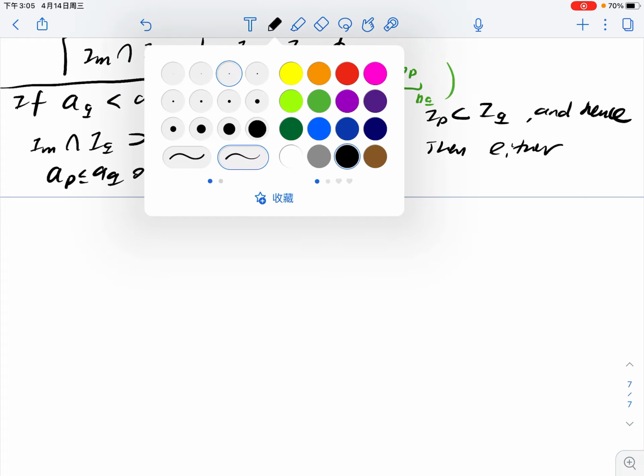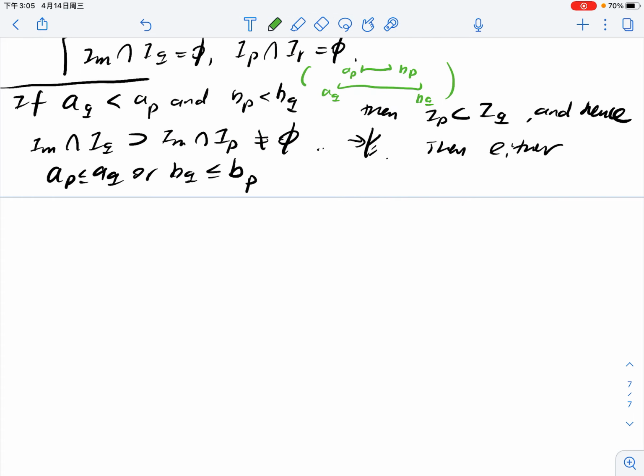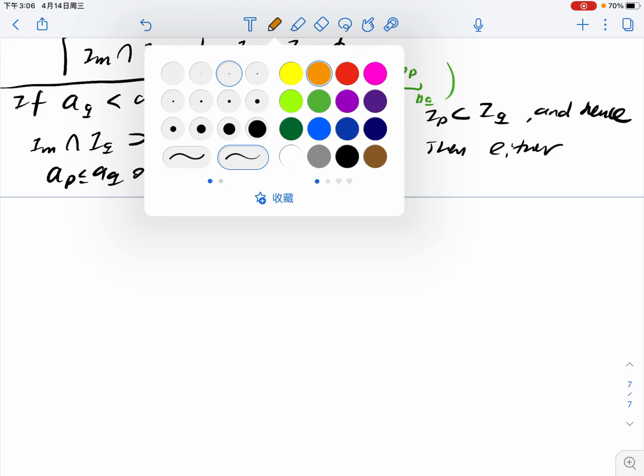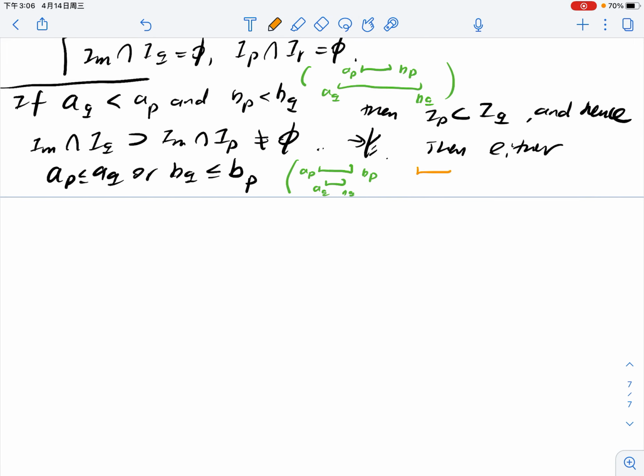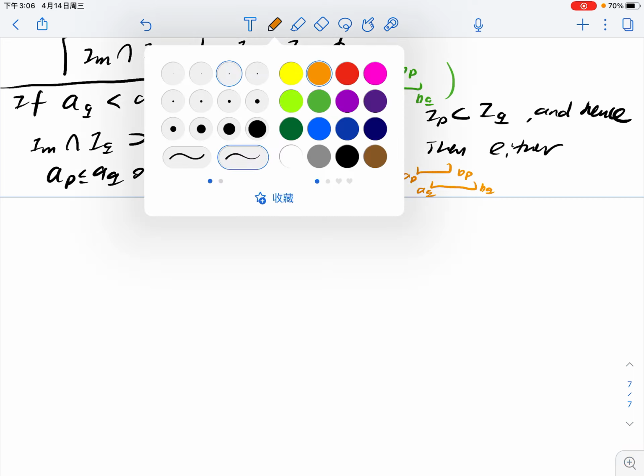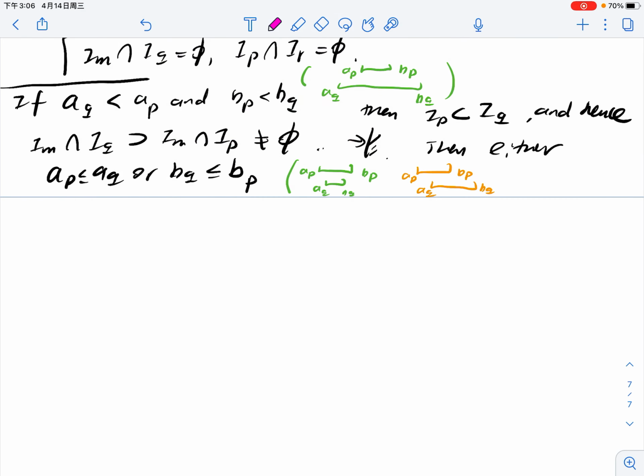And if we draw pictures, we might have the following three examples: AP, BP, AQ, BQ, AP, BP, AQ, BQ, AP, BP, AQ, BQ.